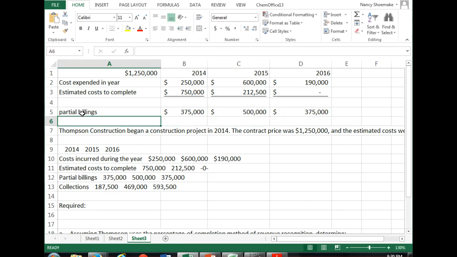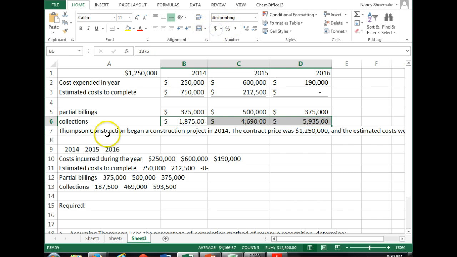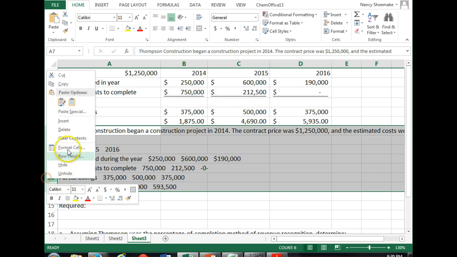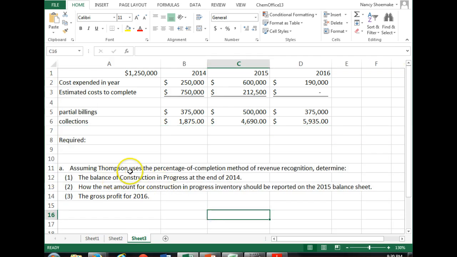And we have collections of $187,500, $469,000, and $593,500. Are we good there? We're required, assuming Thompson uses the percentage of completion method, to determine the balance of construction in progress at the end of 2014.